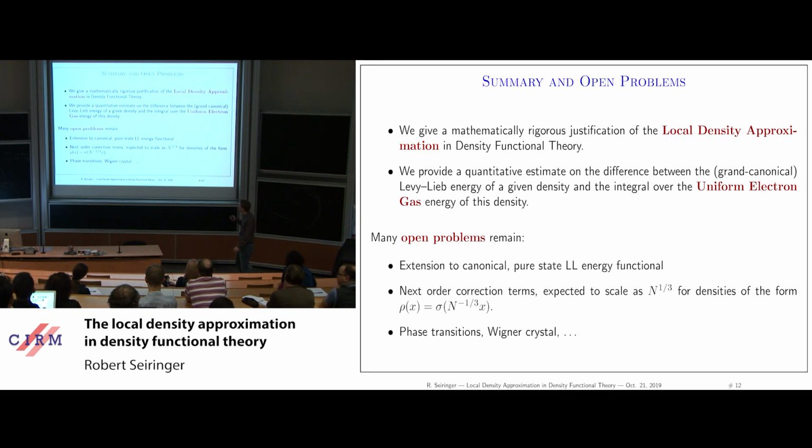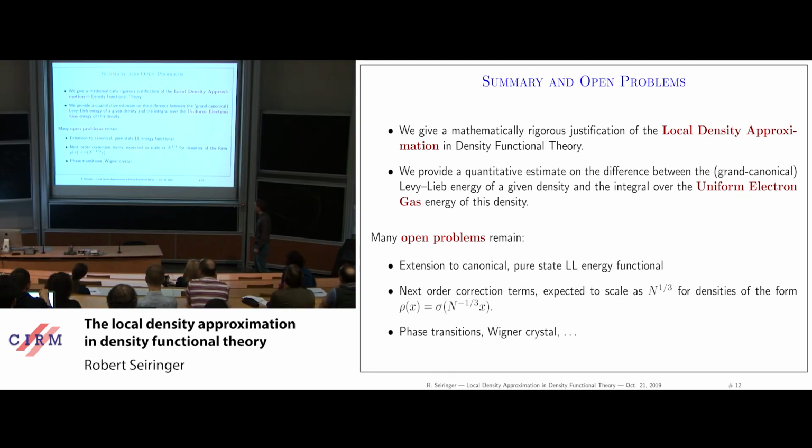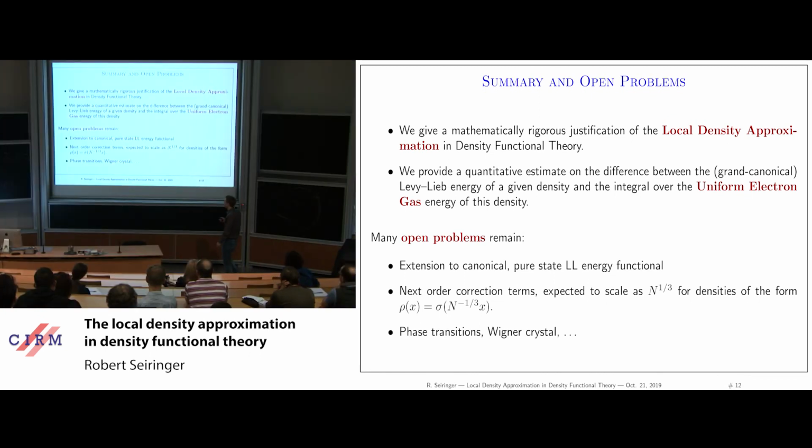Open problems I've basically already mentioned. The same result should of course be true for the actual pure state Levy functional I defined on my first slide, but for technical reasons it seems to be quite difficult to do that, even though the result should of course be the same. The error estimates we have are far from optimal, as I already indicated.